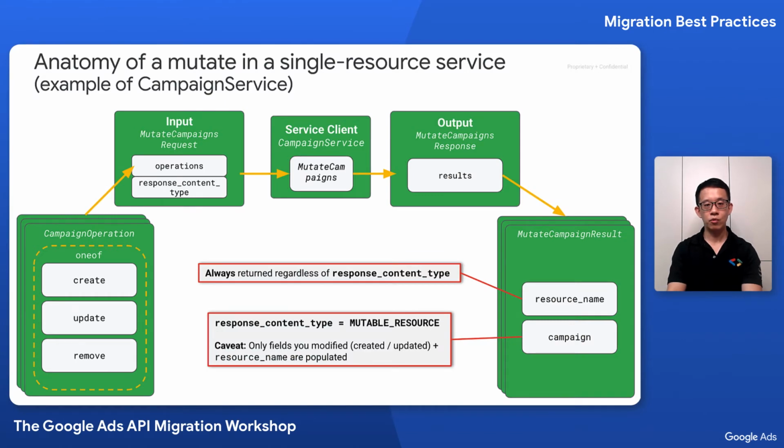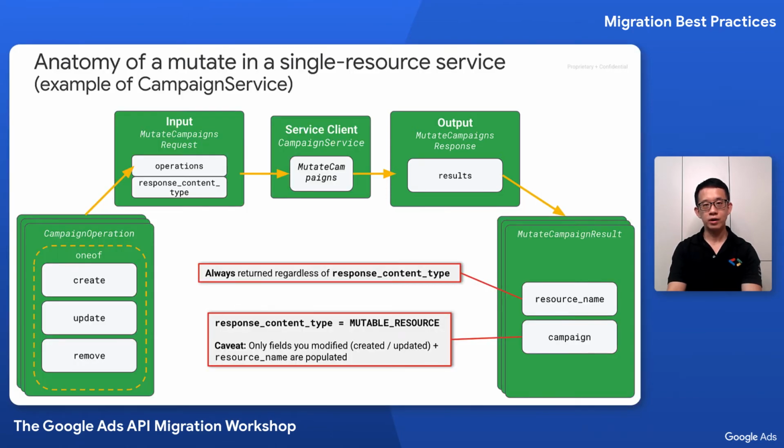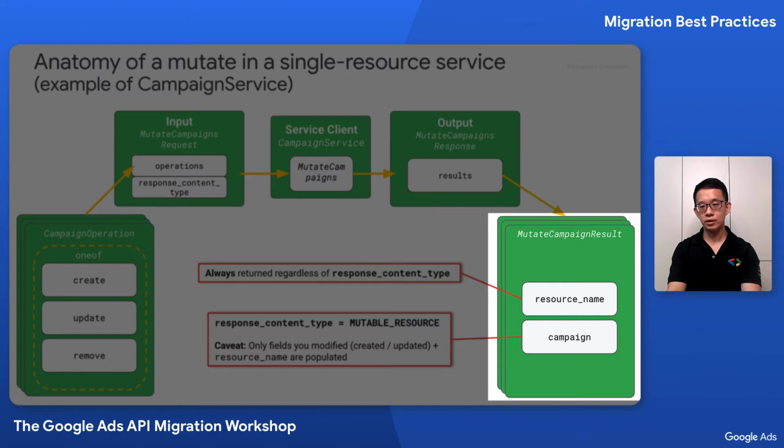And once the request reaches the Google Ads API, it will process your request and then return a result to you, which for the CampaignService.MutateCampaigns, the output is the MutateCampaignsResponse, which in turn contains the results variable. The results variable is a list of MutateCampaignResult objects, which has one-to-one correspondence with the operations that you sent.